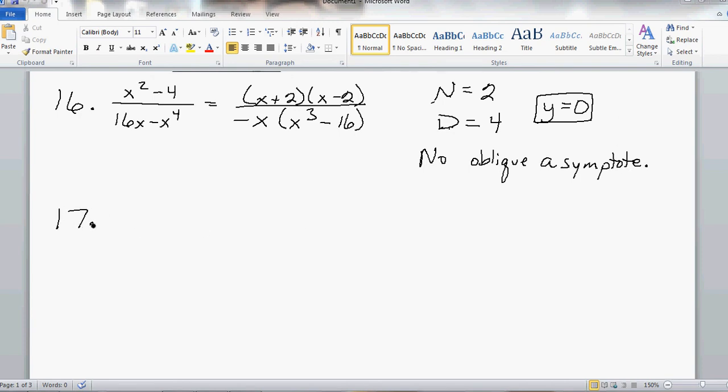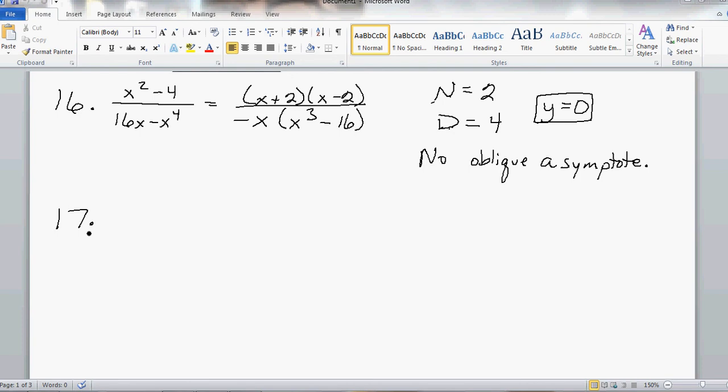And finally, number 17 is a real life sort of situation, and it is somewhat telling. We are injecting a drug, and the concentration is monitored. The concentration, which is given by C of t hours after it's being modeled, and it asks what is the horizontal asymptote.